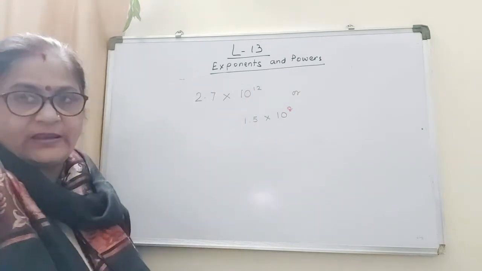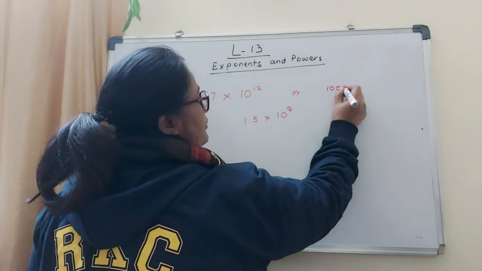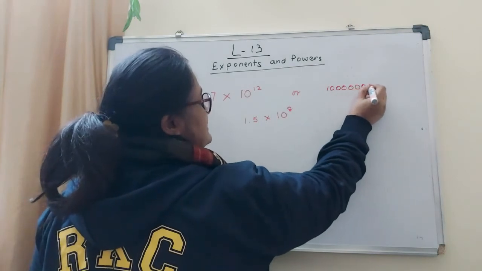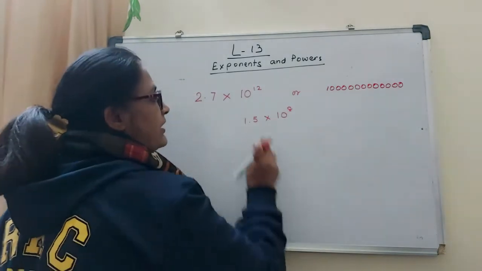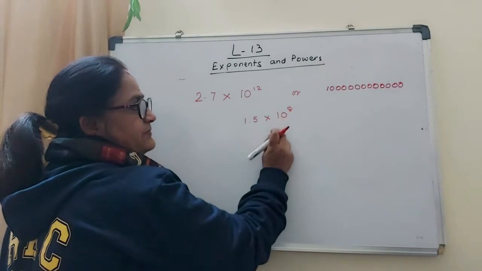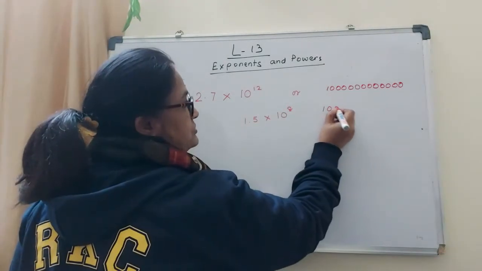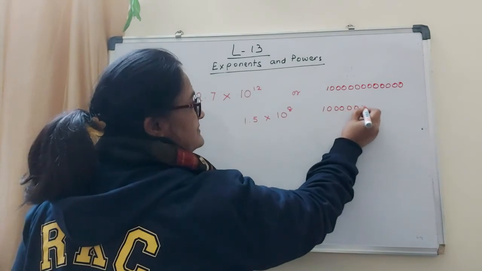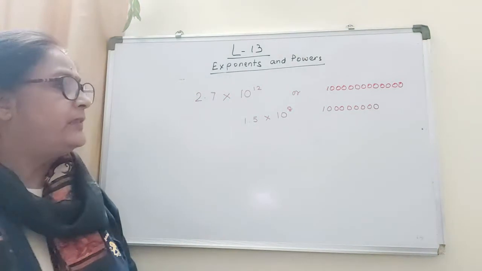The power is 12. So it has 12 zeros: 1, 2, 3, 4, 5, 6, 7, 8, 9, 10, 11, 12 zeros. Okay. This one will have how many zeros? 8 zeros, because the power is 8. So we write out here 1, 2, 3, 4, 5, 6, 7, 8. Which number is a greater number?